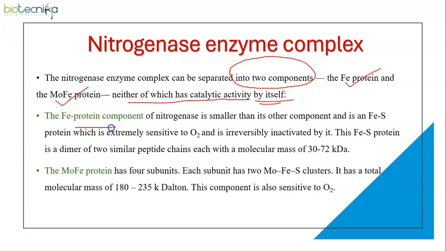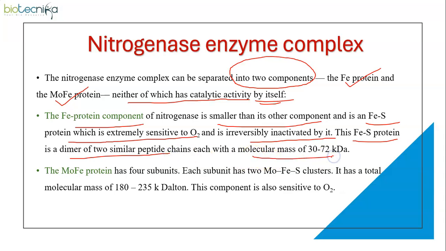The iron protein component of the nitrogenase is smaller than its other component and is an iron sulfur protein which is extremely sensitive to oxygen and irreversibly inactivated by it. This iron sulfur protein is a dimer of two similar peptide chains having a molecular mass of 30 to 72 kilodalton.